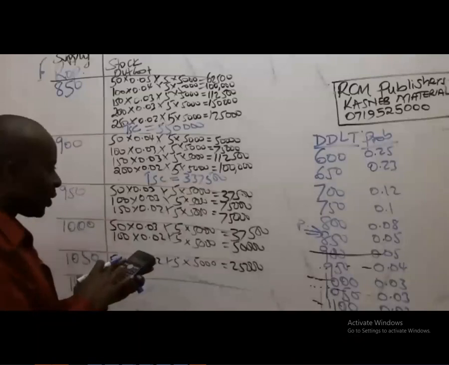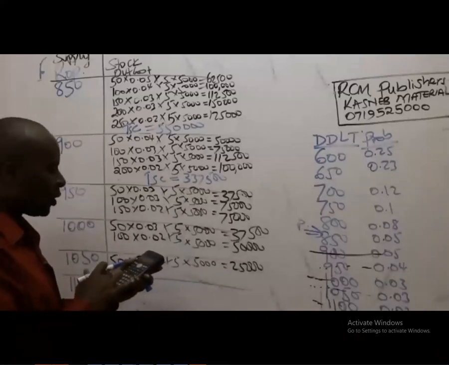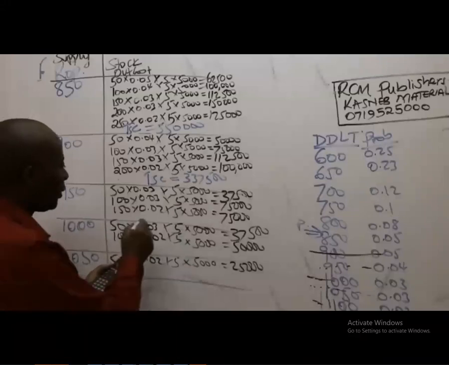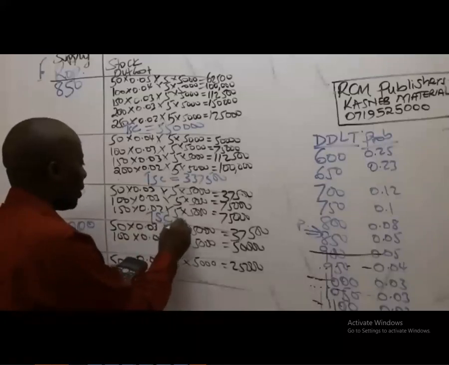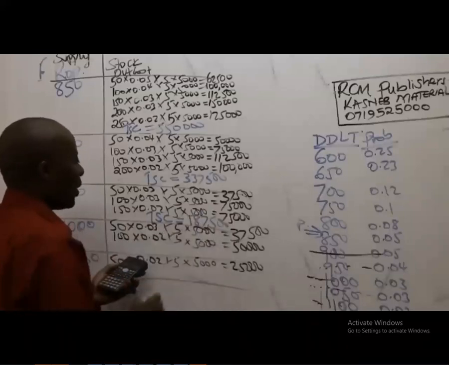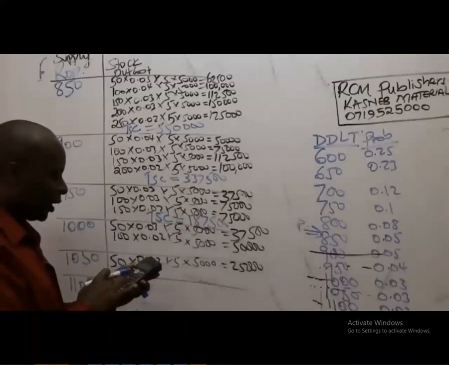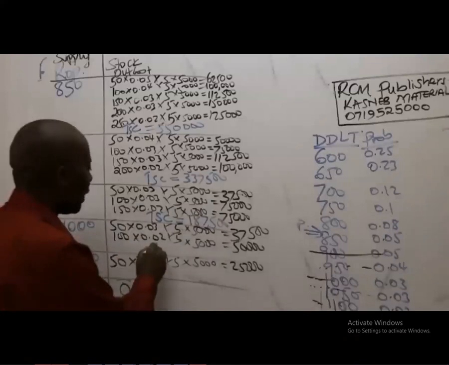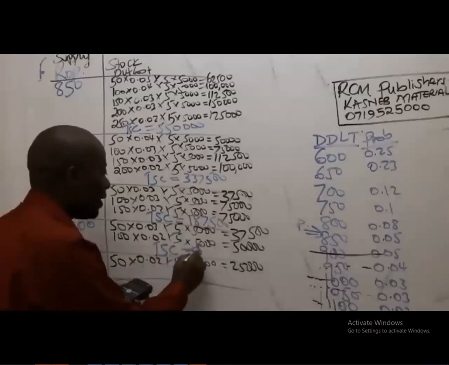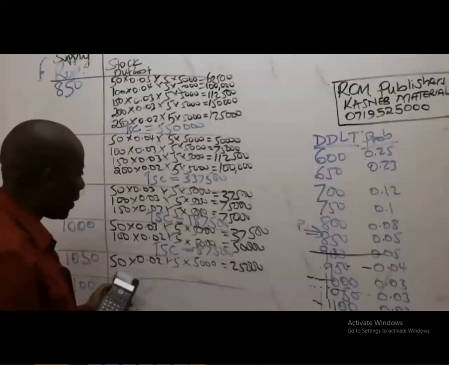And then we have 37,500 plus 75,000 plus 75,000 again, which gives us a total stock out cost of 187,500. So 37,500 plus 50,000 will give us a TSC of 87,500. Lastly, we have, of course, this 25,000. The other one is 0.